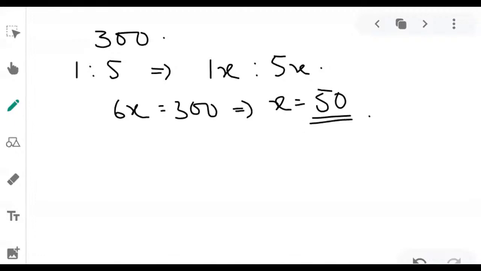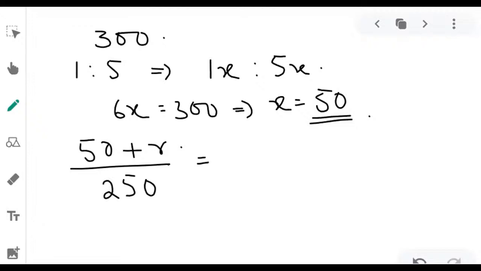Right? Now, what is my new condition that they're asking for? 50 plus some number of red balls, I'll call that R, by 250 is equal to 2 by 3.